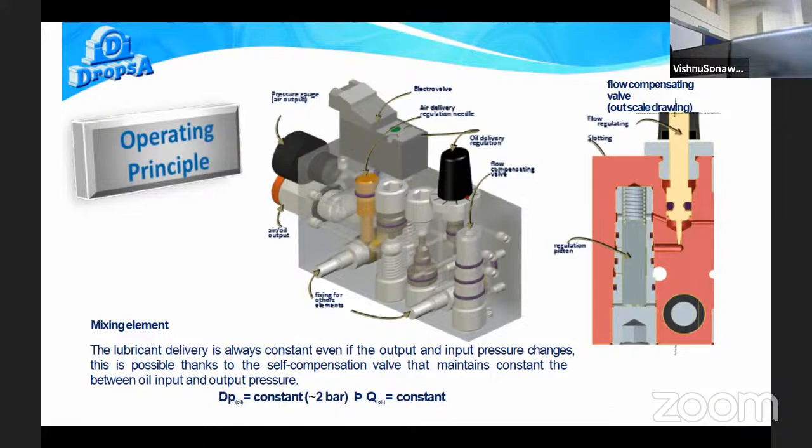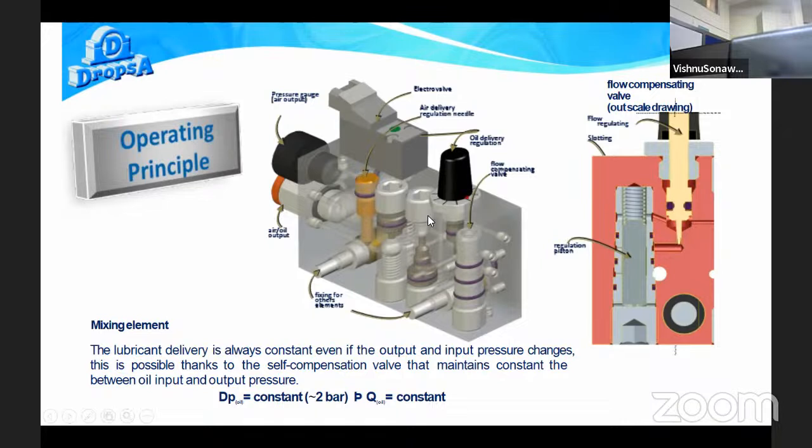That means minimum oil, maximum oil, minimum pressure, maximum pressure. When the pressure increases and decreases, the oil flow also increases and decreases, and this flow compensating flow control valve is used for that.